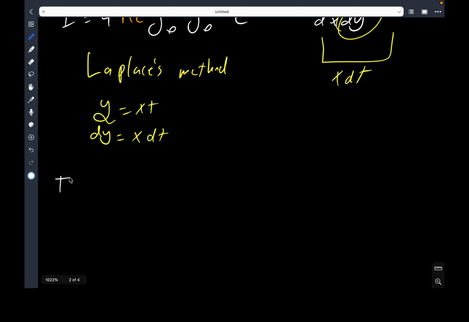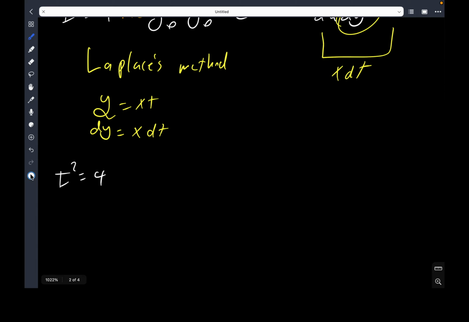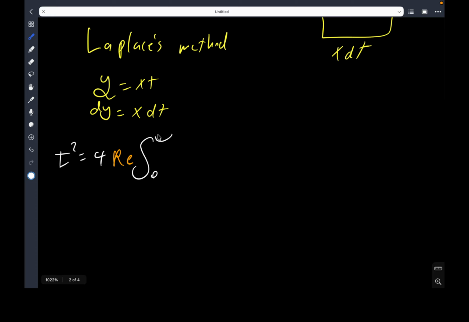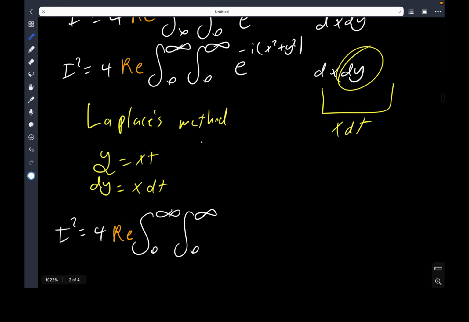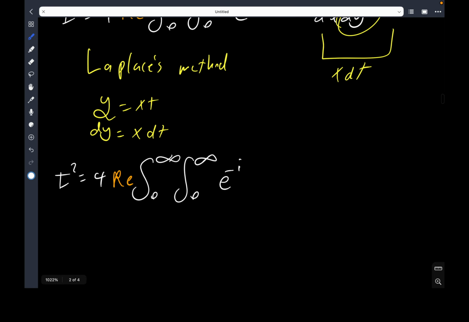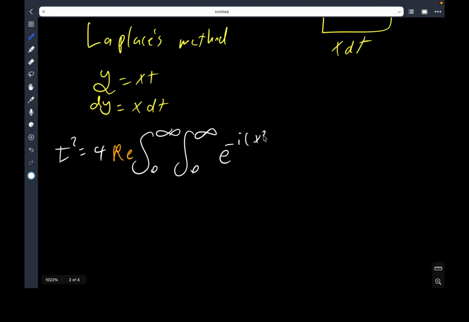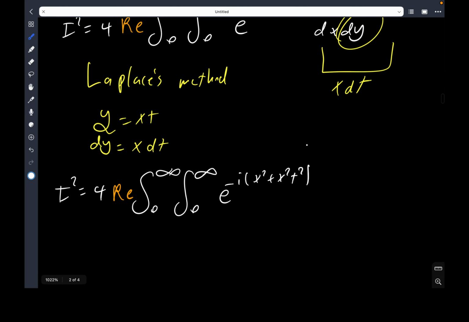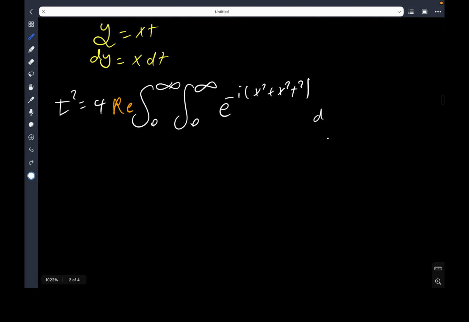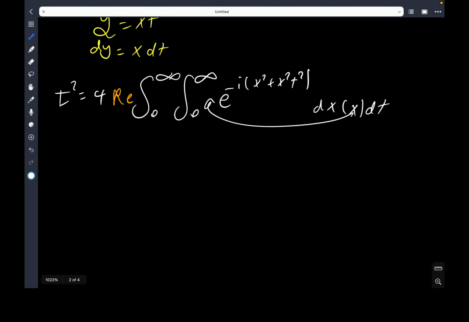My I squared thus is for the real part of the double integral of e to the negative i times x squared plus x squared t squared, dx, x dt, and I can move this x here.